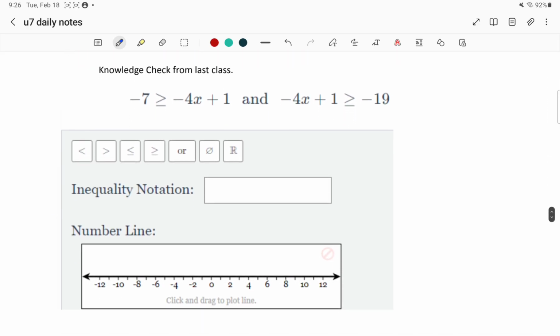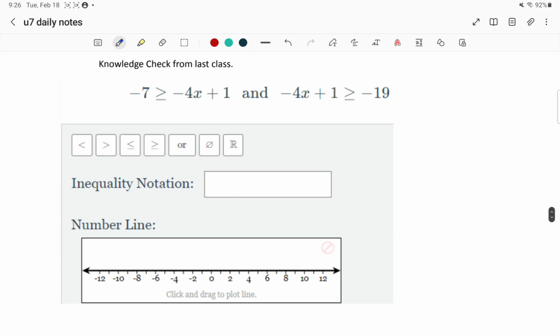So let's practice from last class. This is going to be a level 1. This is going to be kind of what we did last video. We would solve for the inequalities, and we would get 2 is less than or equal to x, and for the other one, we would get x less than or equal to 5.